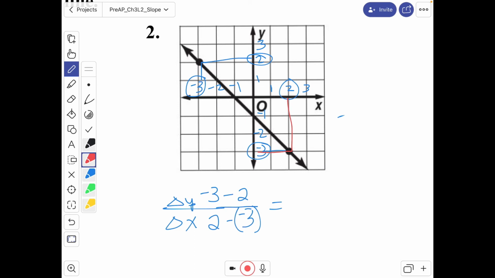So we're going to keep negative 3 plus negative 2. Same thing on the bottom. Keep the 2, change, change. Now we can work it. So negative 3 plus negative 2 makes negative 5. And then 2 plus 3 makes positive 5. Well, negative 5 divided by positive 5 makes just negative 1. So the slope is negative 1.